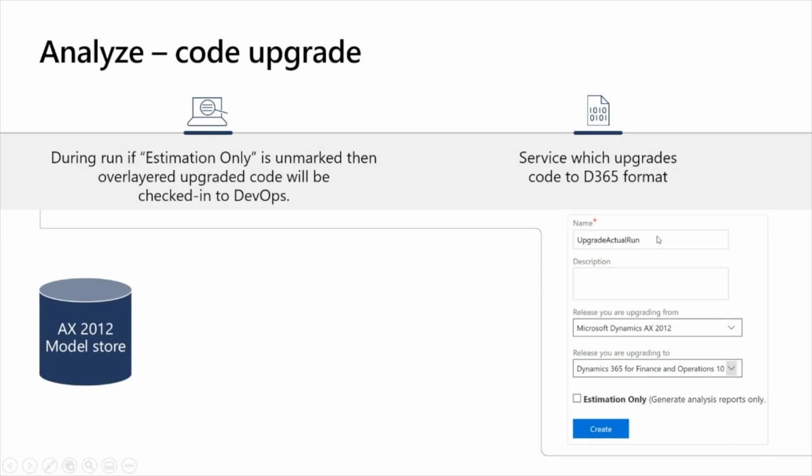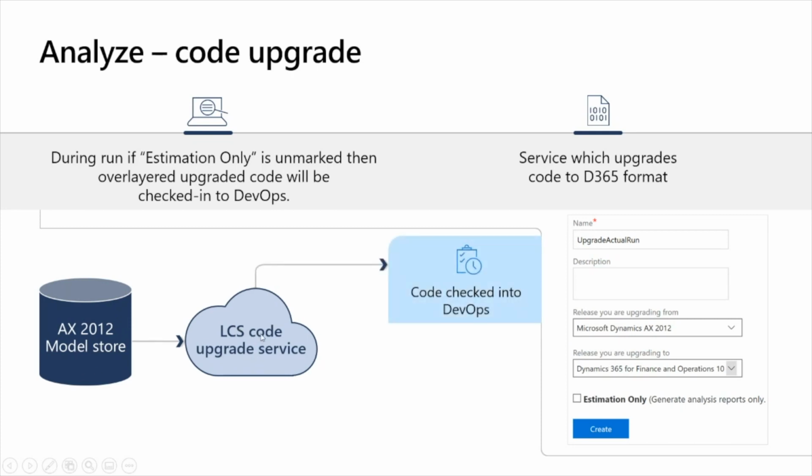So this is the screenshot of running it without the estimation only option. After you have uploaded your model store to the LCS code upgrade service, both the 2012 code and the 365 upgraded code will be checked into DevOps so that you can pick it up and continue the conversion. And it will also generate the reports.